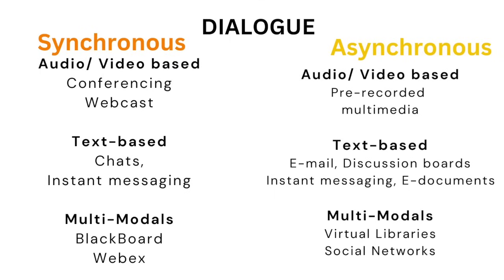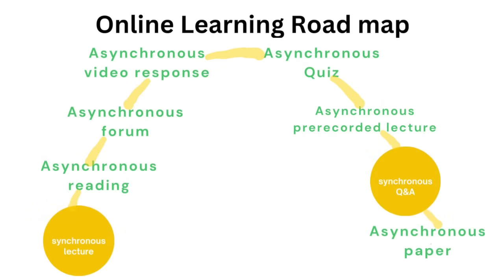Now, let us, in summary, look at the online learning roadmap. What we have on the screen tells us the basic setup of a blended learning approach. As you can see, most of the activities done in this approach are basically asynchronous. One can say 80% of it or above is done asynchronously in the LMS.